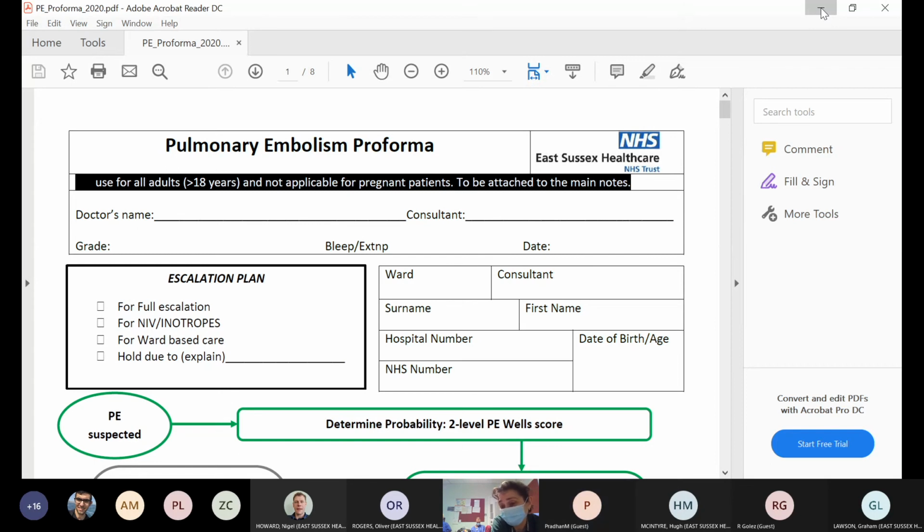But as I said, there is little evidence, it's based on the consultants' knowledge and confidence about what is best. ITU at the moment, as far as I know from my research, are doing a middle dose of Clexane, not full dose.